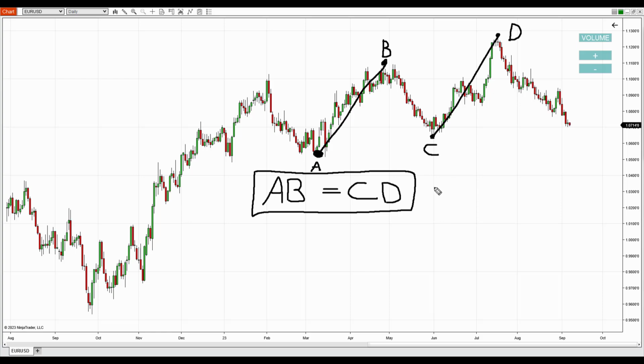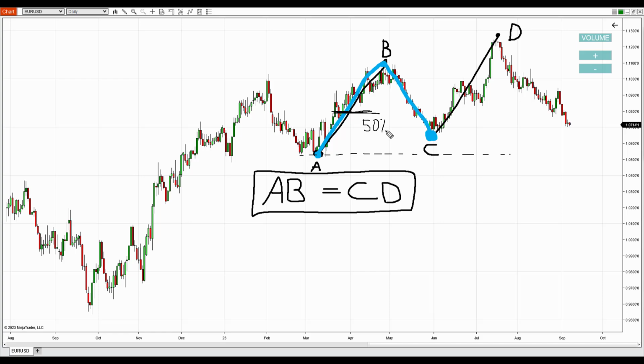So what you look for in the chart is a wave-like pattern where you have a swing point A, swing point B, then the price goes down towards swing point C, and this swing point C must be above A. Alright, so we have that nice wave-like pattern, and it needs to be below 50% of the distance from A to B. 50%.